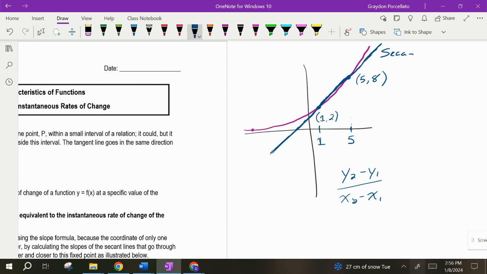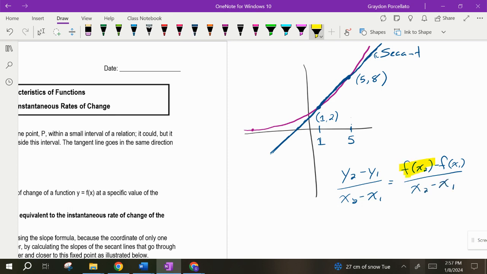Remember, a secant passes through 2 points. We also wrote this as f of x2 minus f of x1 all over x2 minus x1.